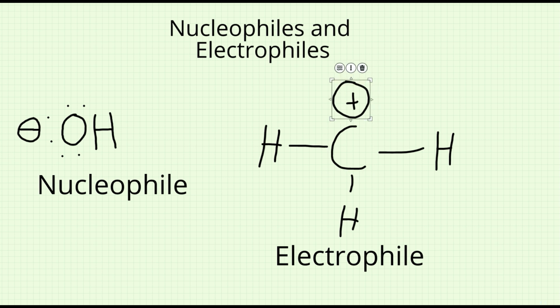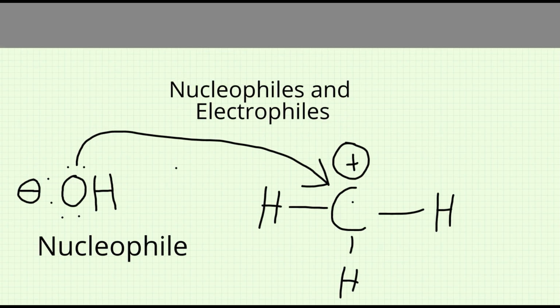It has a positive charge, but the nucleophile has too many electrons. So essentially, the nucleophile will say, hey, I'm negative. I want to get rid of my negative charge. Oh, look, we have a positive charge right here. Why don't I just attack this molecule?